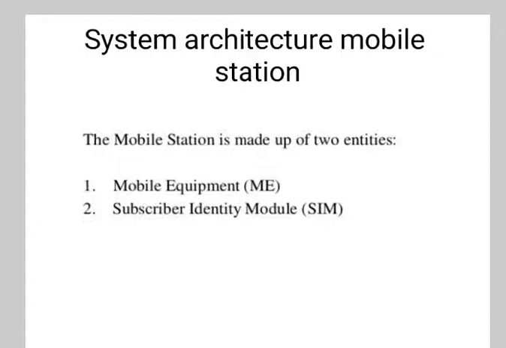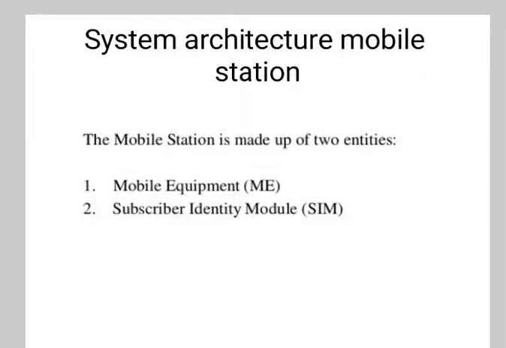So the MS is divided into two parts, that is mobile terminal or mobile equipment, and SIM, that is subscriber identity module. Mobile terminal or equipment is a combination of hardware and software. It manages all radio and human interface functions.